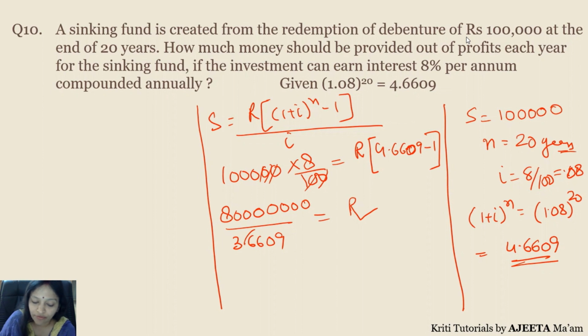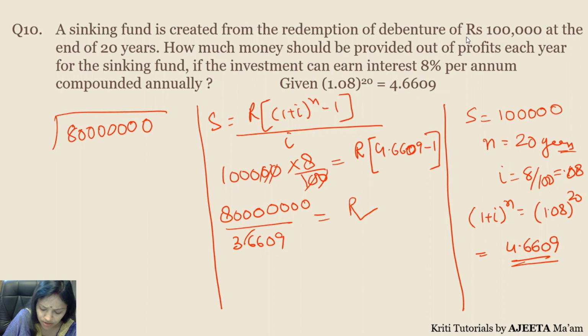So now what do you have? We do the long division. We have 8 crores, right? So 8 crore divided by 36,609. Let's do it. 3 to the 6, this is a 9, so it will go out.